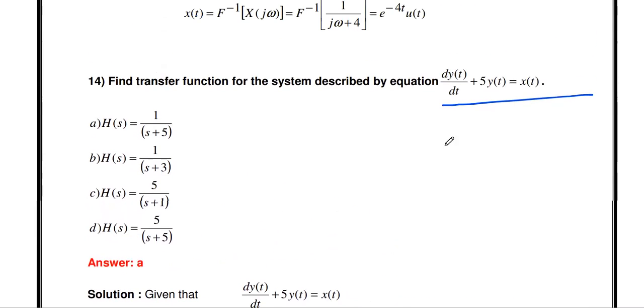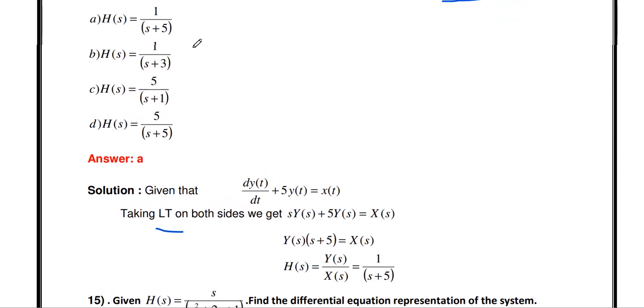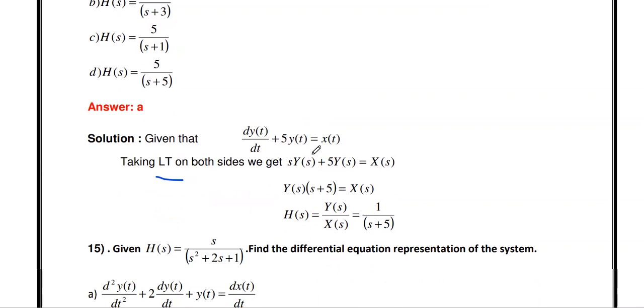Okay. So for the given system equation, you just write the given system equation, then you take the Laplace transform. Instead of Fourier, here if you are taking the Laplace transform, we will get the transfer function in the S domain. Since here in the answer, the S domain answer is given, you just take the Laplace transform.